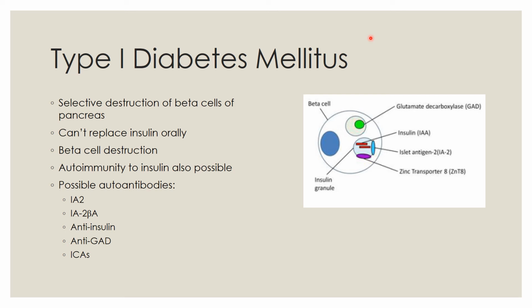Now, in thyroid, if you lose your thyroid, we can actually take out your whole thyroid and end the whole immune problem, right? You wouldn't have the immune problem. We would be able to replace the hormones that you're missing from that organ. But unlike that, in this case, you can't just easily replace insulin orally today.